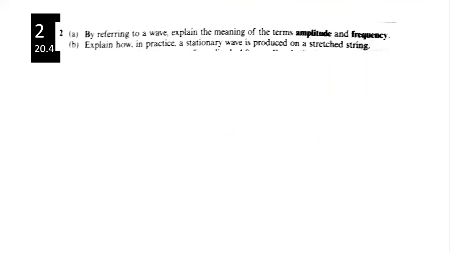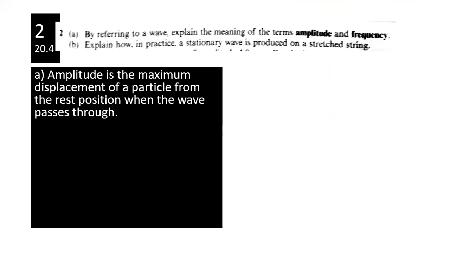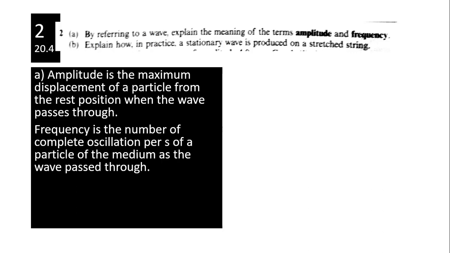The maximum distance of particles in the medium from the equilibrium position. Okay, from the rest position. Good. Frequency? The number of complete oscillations per second for particles in the medium. Right? Number of complete oscillations per second of a particle of the medium as the wave passes through.